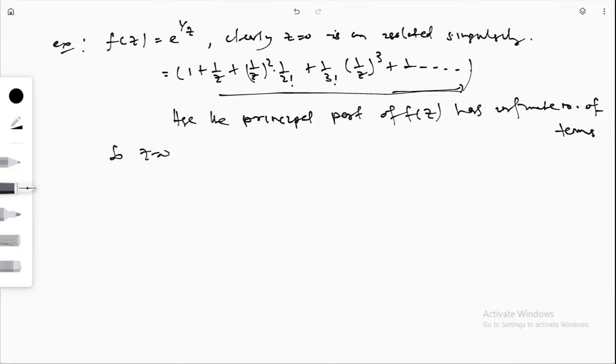So the isolated singularity z equal to 0 is called an essential singularity.